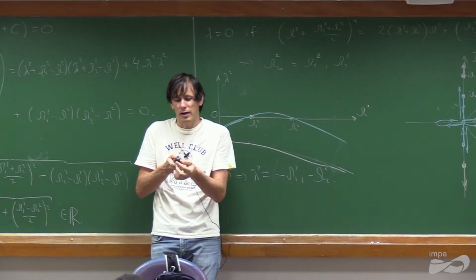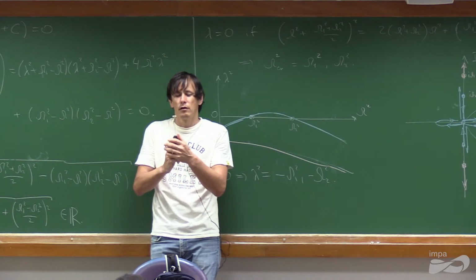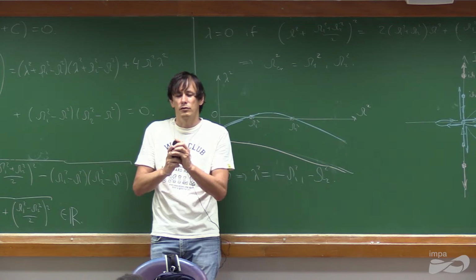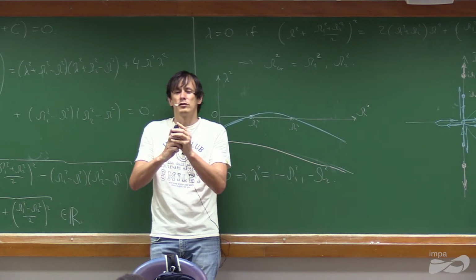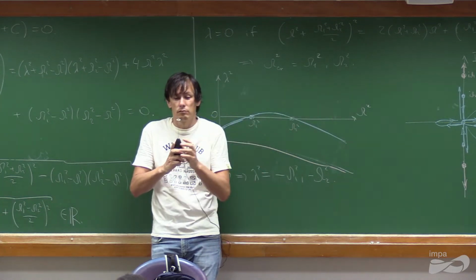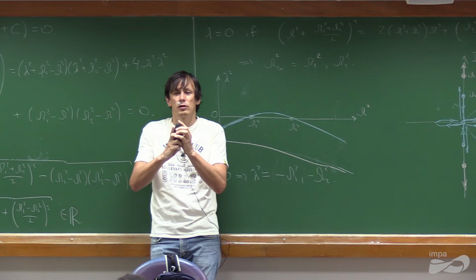So I will try to change the velocity of rotation. I will decrease the velocity of rotation, and we will see this interval. I will try to make it slower. And you see that there is this interval of velocities where it's unstable, so it's shaking.